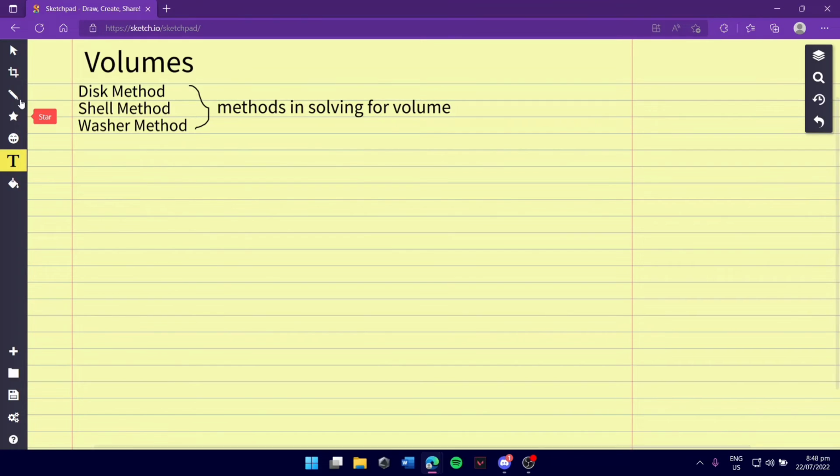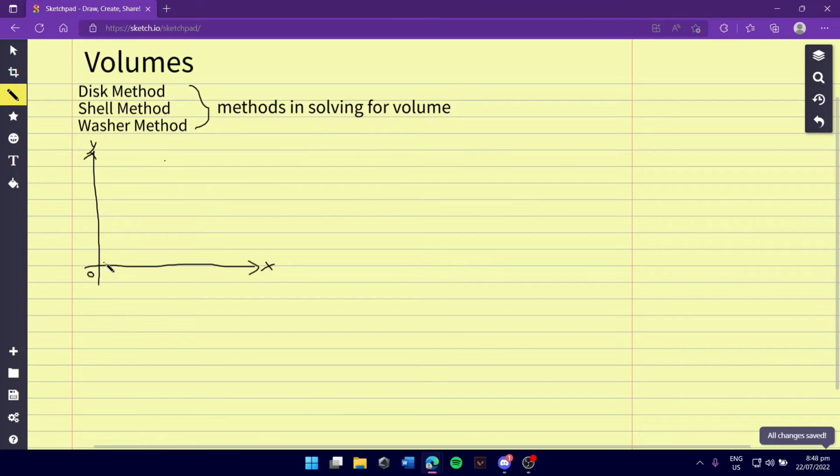For the disk method, we have here example number 1. First, we have the concept for the disk method. So let me plot first. This is your y, this is your x, and this is your origin.